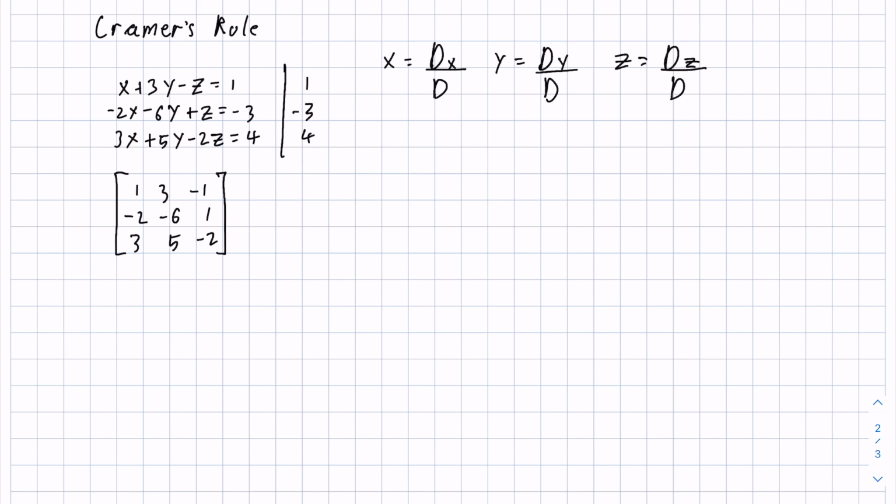And now for D. So D is basically just the determinant of the coefficients themselves. We have 2, -6, 1, 3, 5, -2.